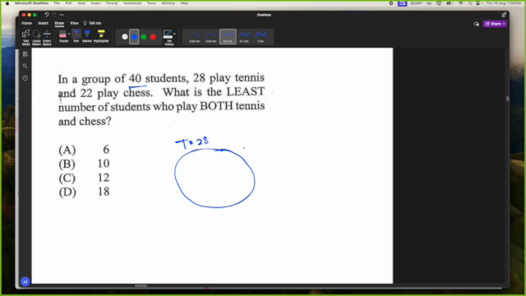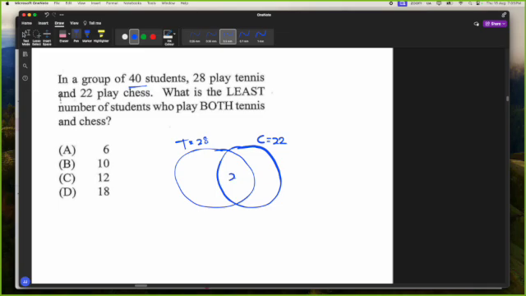And then I have the chess people, who are 22 in total. And if I add 28 and 22, I'll definitely gain more than 40. So what is the least number of students who play both tennis and chess?